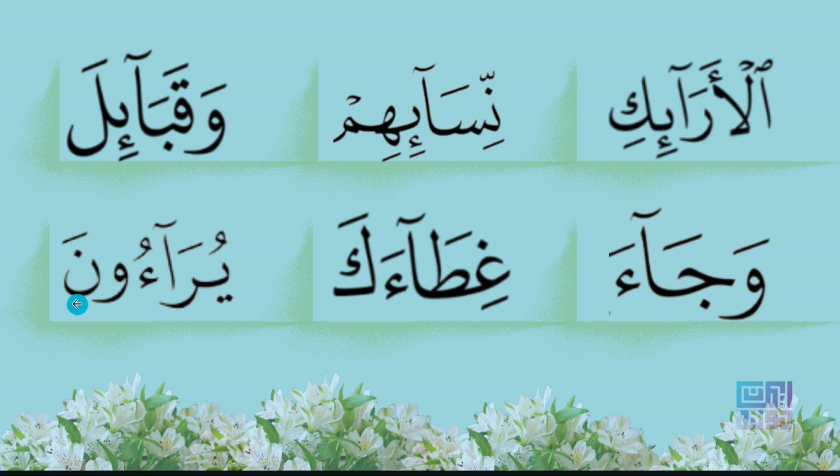And then we have a noon fatha, na. So it becomes yu, short pronunciation for the ya dhamma, long pronunciation 4 counts for the alif with a hamza after it, and then 2 counts for the waw sukun with a dhamma before it. Let's read it. Yura'una. Again. Yura'una.